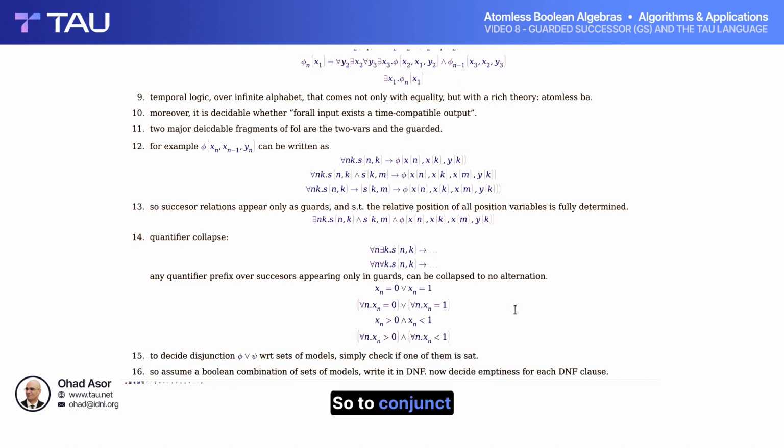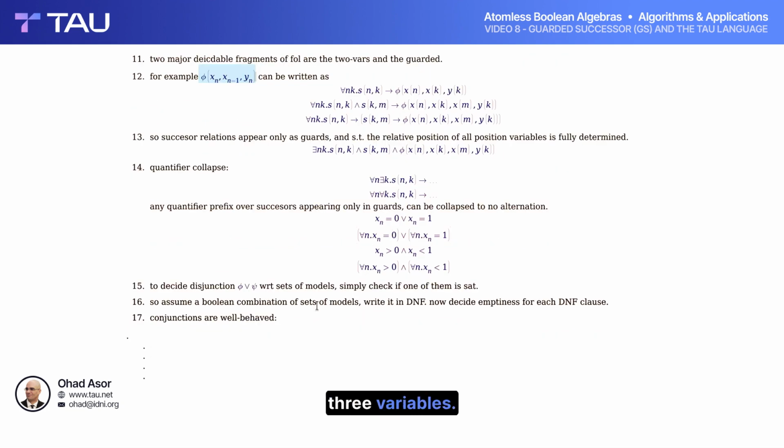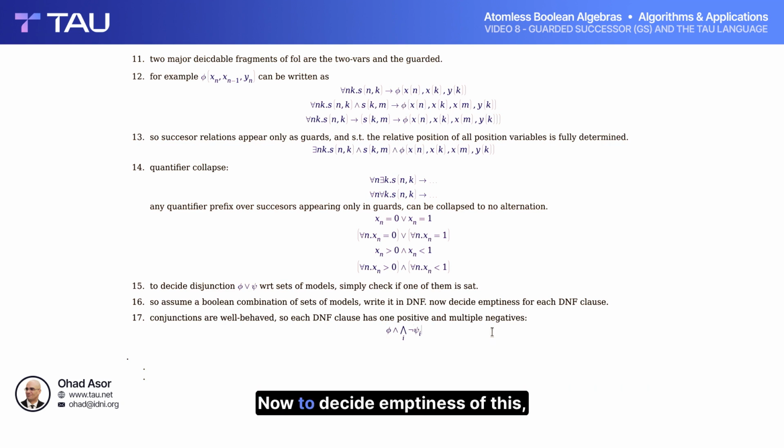So to conjunct the sets of time-compatible models, it's the same as conjuncting the formulas with free variables. Each DNF clause has one positive and multiple negatives. It looks like this: phi and the complement, as sets of models, of each psi i. Now, to decide emptiness of this, that's also possible.